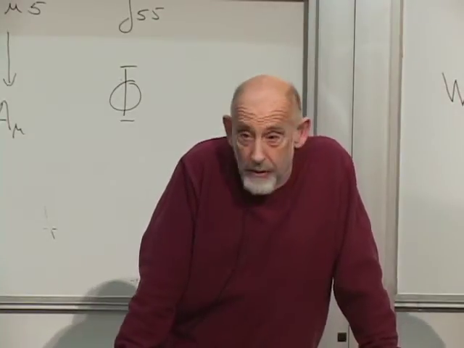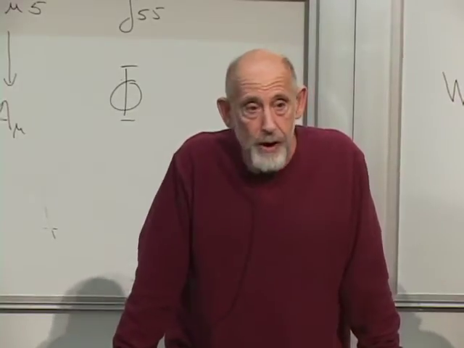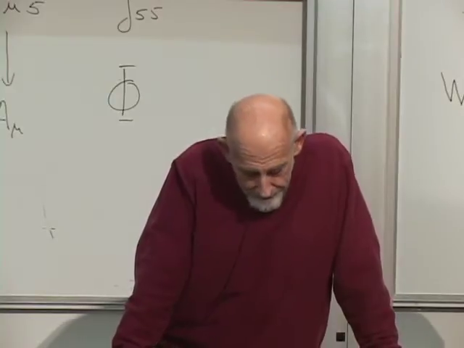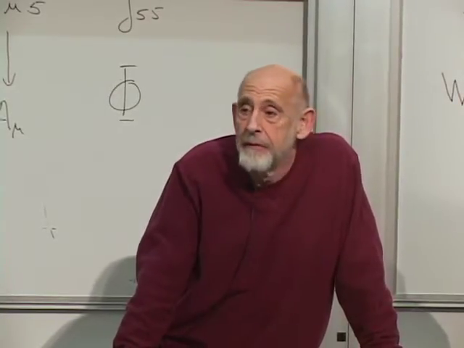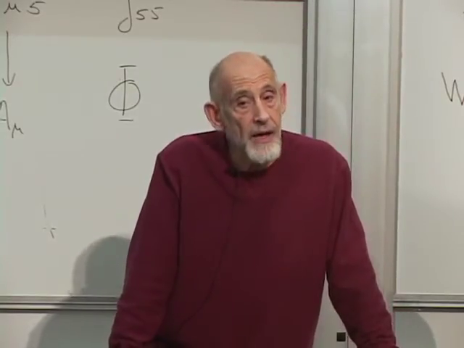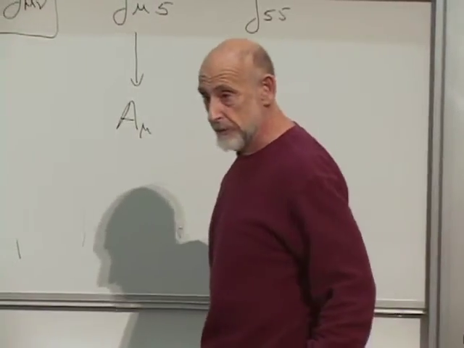Let's come to the winding number now. I told you that the winding number also behaves with this property that opposite winding numbers attract, like winding numbers repel. They also behave like electric charges, but not the same kind of electric charge as the momentum quantum numbers.